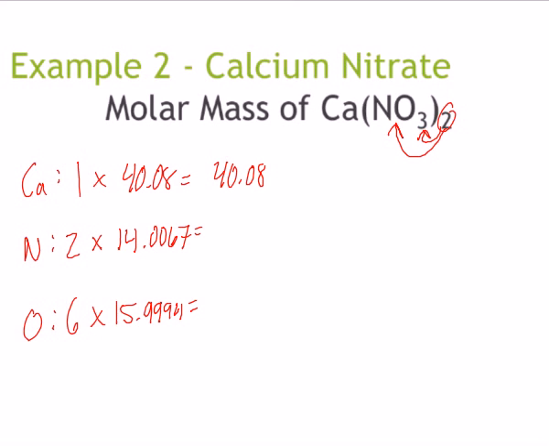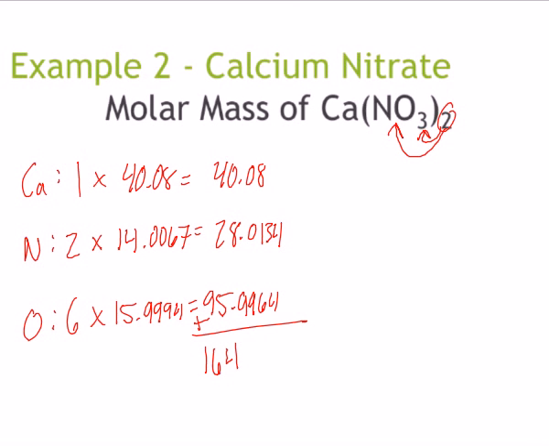Nitrogen, what's the total mass nitrogen brings? 28.0134. Oxygen's going to be? 95.9964. Okay. All we have to do then in the end, guys, is add all this up. When you add 40.08 plus 28.0134 plus 95.9964, what do we get for our molar mass?